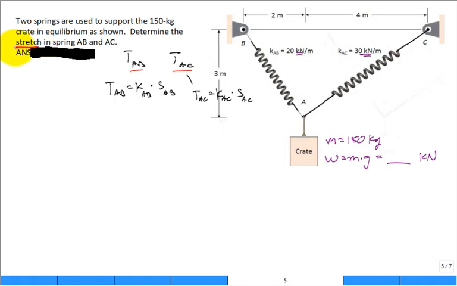Determine the stretch. Okay, how do I get the tensions? Isolate at this point. It takes us a while to figure out all the information given, but we're given a lot of lengths here, aren't we? So I would focus maybe on this triangle right here. It's got 2, 3. What is the hypotenuse of a right triangle that has a side 2 and a side 3?